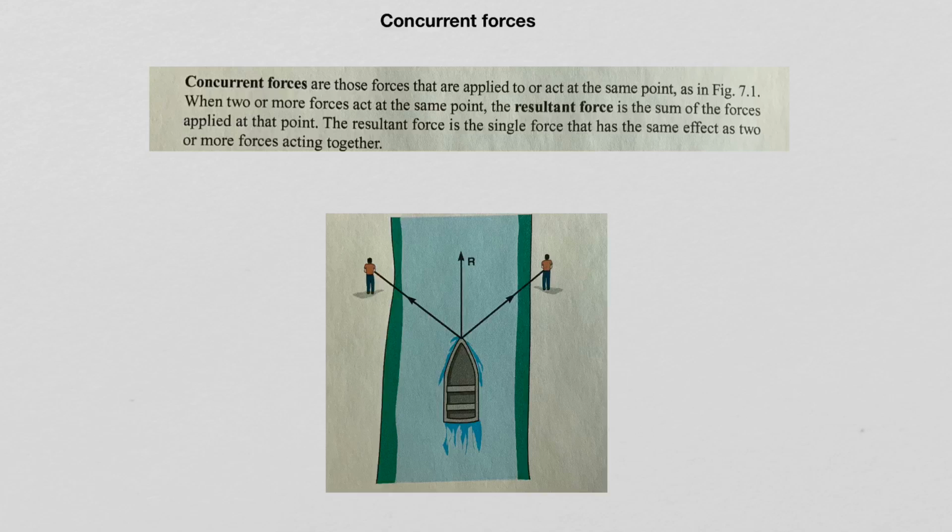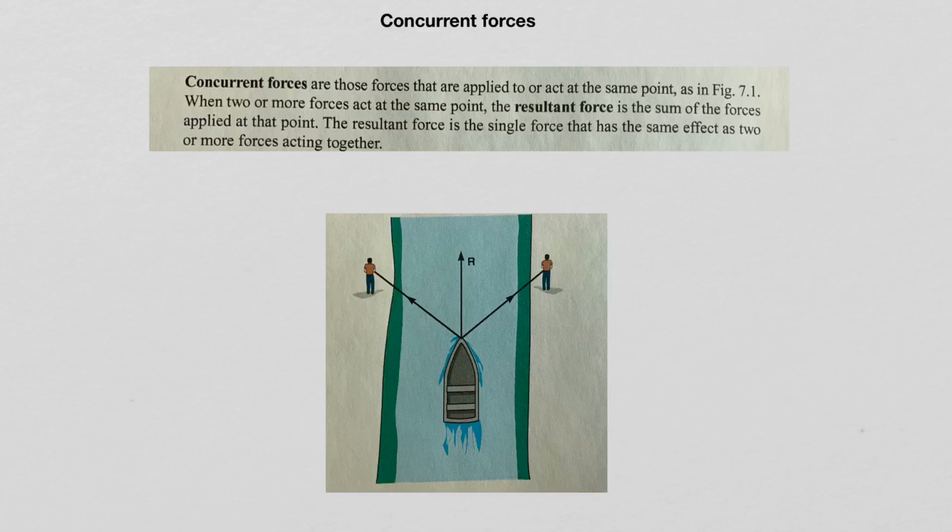So in this figure here, we have a boat that's being pulled upstream by two people pulling on two ropes. Each person applies a force along their own rope, and so the boat is being moved by those two forces.